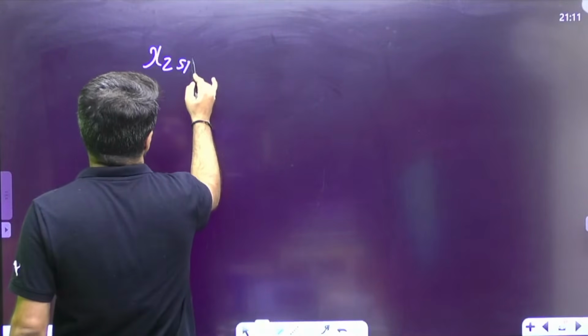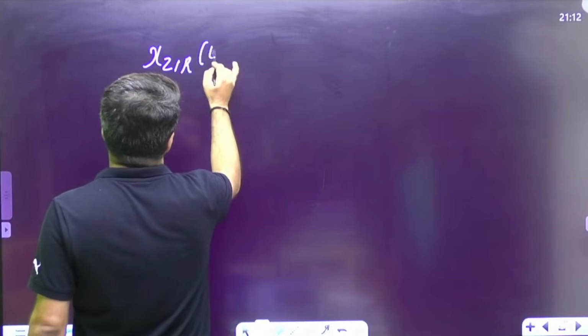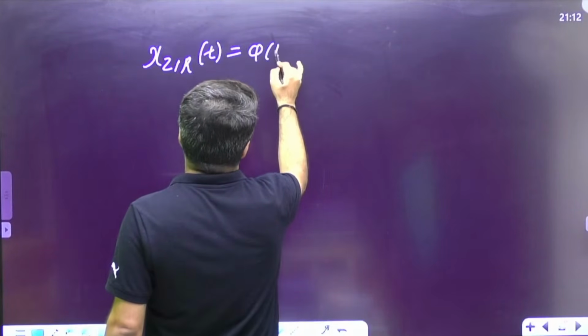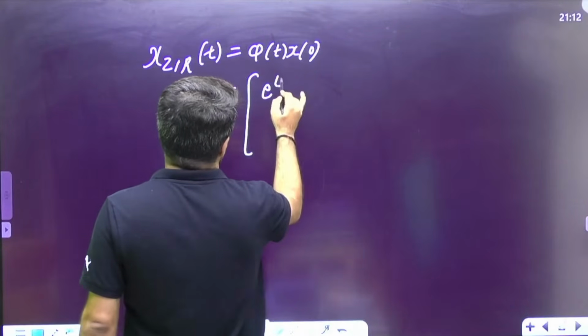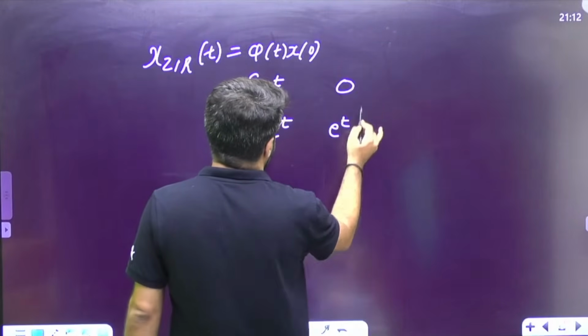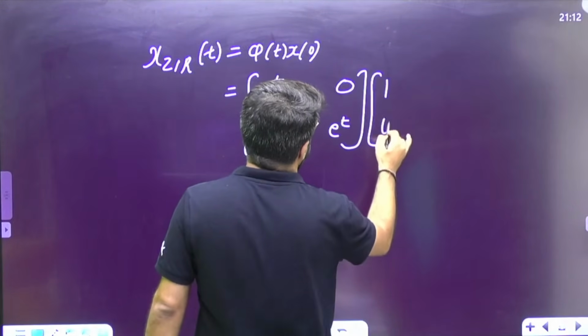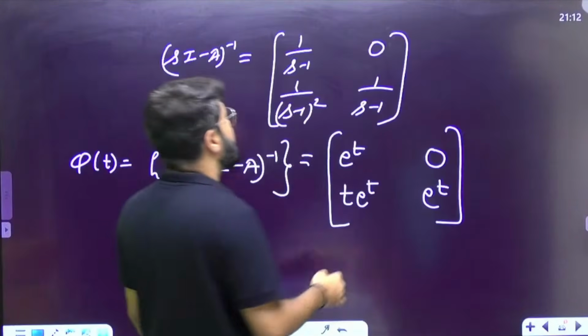x ZIR(t), sorry, ZIR, not ZSR. x ZIR(t), as I told you, is the state transition matrix times the initial state given. The state transition matrix obtained is [e power t, 0; t e power t, e power t] multiplied by the initial state, which is given as [1; 0], I guess. Correct? Just multiply here.